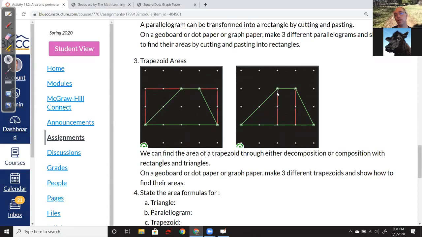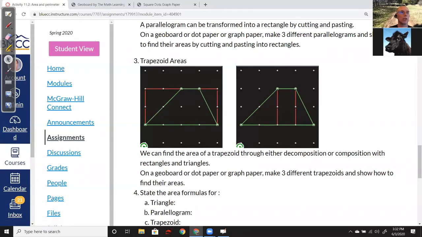Or we could make these vertical slices within the trapezoid, and then we have a right triangle, a rectangle, and a right triangle, and we would just find their areas and add them up. So you take whichever approach you want. You could do both, mix it up. But what we want to do is find the areas based on this composition or decomposition method of a few different trapezoids to see if we can come up with the area.